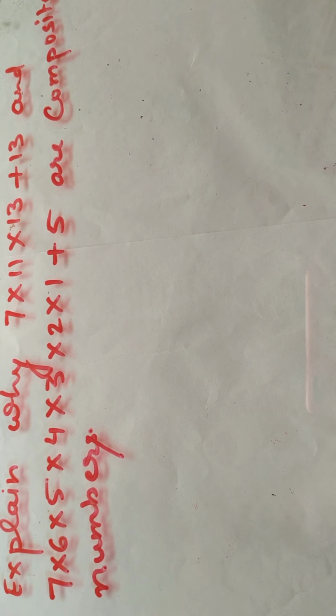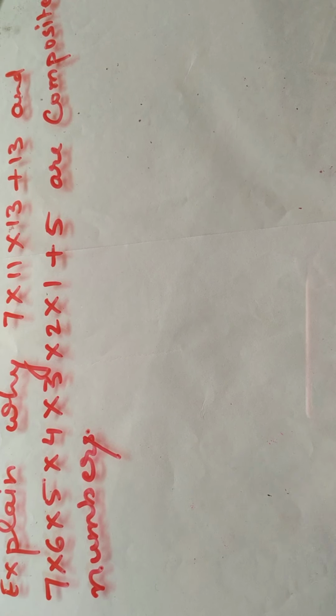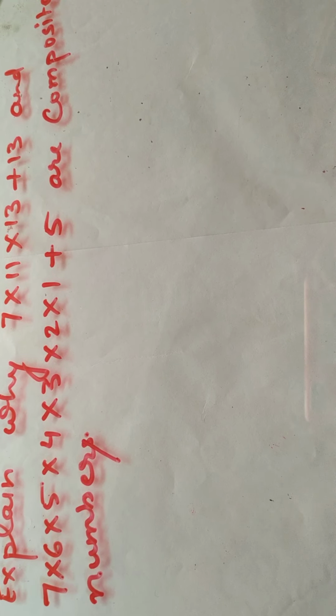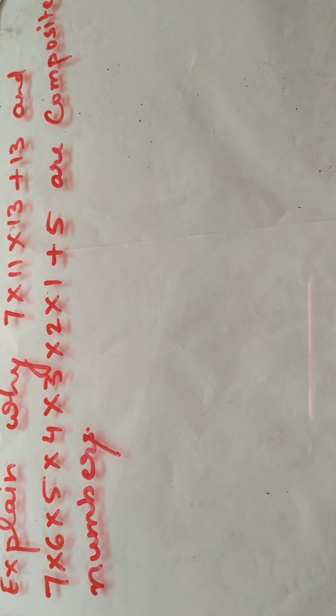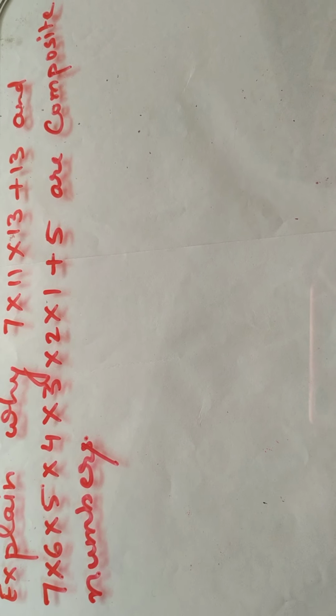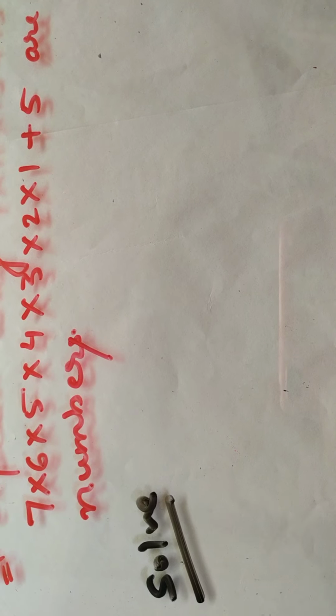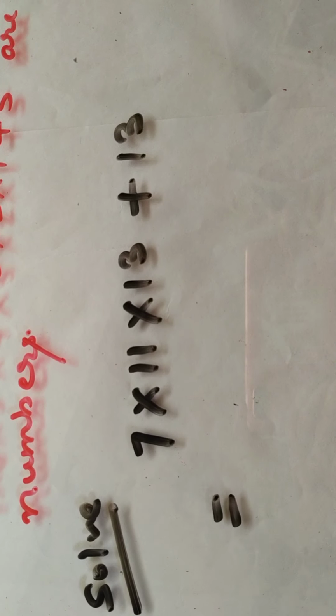Explain why 7 into 11 into 13 plus 13 and 7 into 6 into 5 into 4 into 3 into 2 into 1 plus 5 are composite numbers. Now we take the first number, after that the second.